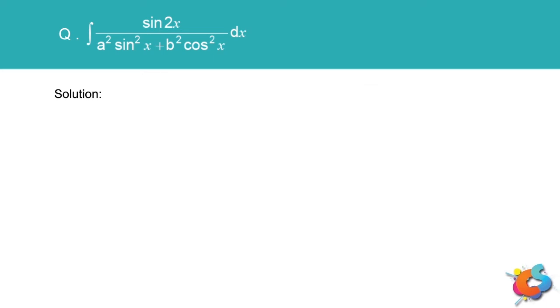Now you differentiate this with respect to x. We will get a square is constant and the derivative of sine square x is 2 sine x into cos x, plus again the derivative of b square cos square x, where b square is constant and cos square x becomes 2 cos x into minus sine x, the entire term multiplied with dx is equal to the right hand side, the derivative of t, which is dt.